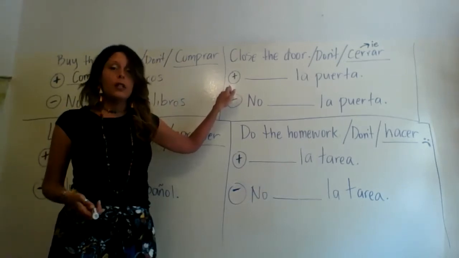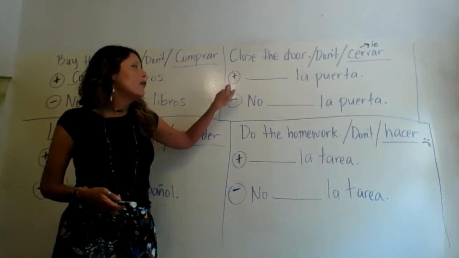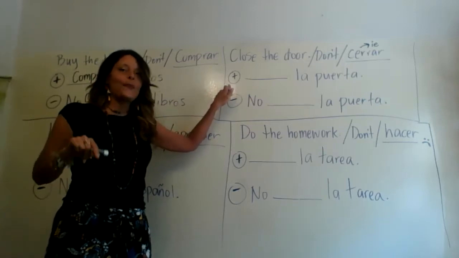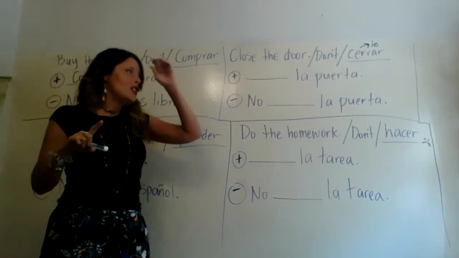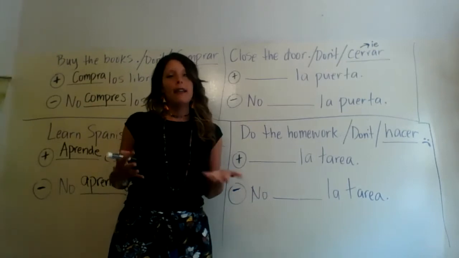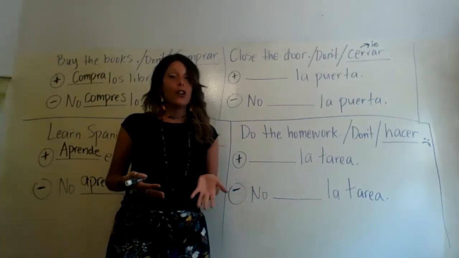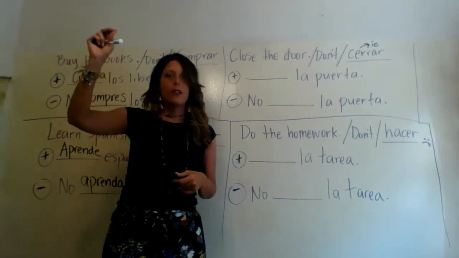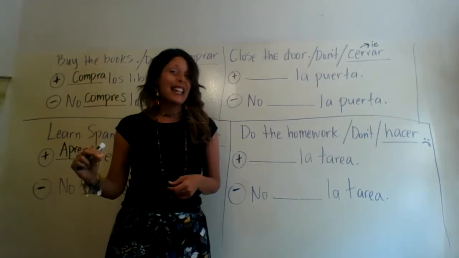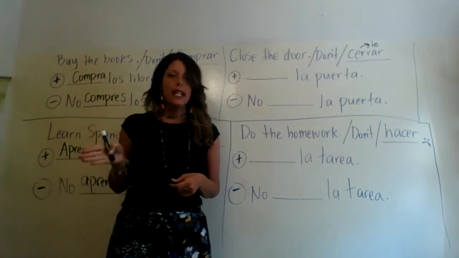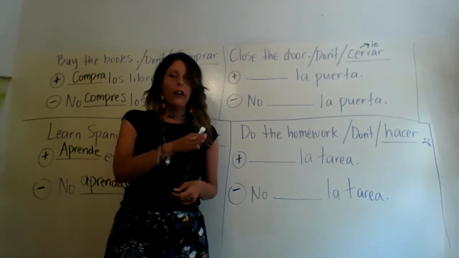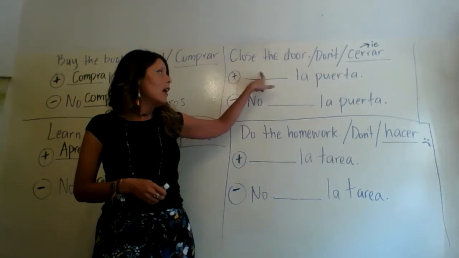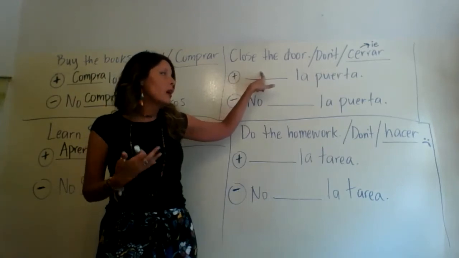So when we want to make the affirmative command, close the door, cerrar meaning to close, we're making an affirmative informal tú command. I have two ways to get there. Way number one would be just to steal the él, ella, usted, or third person singular conjugation, cierra.